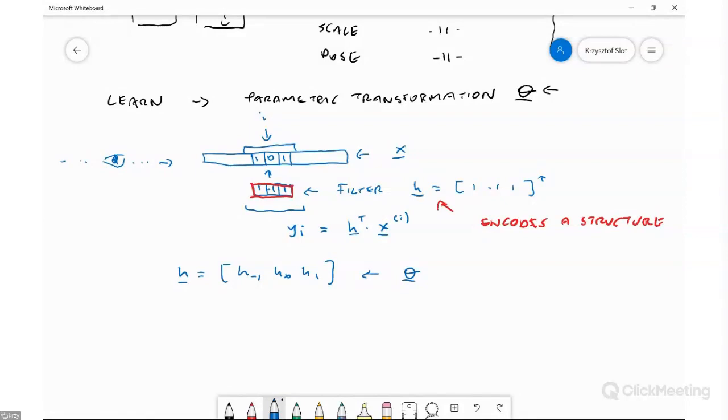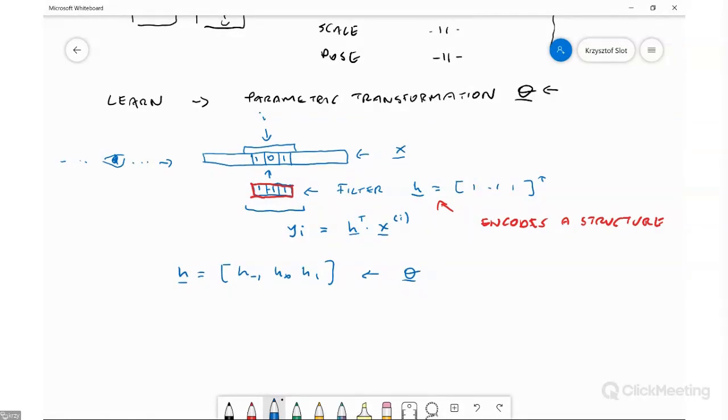I will be showing pictures or images, and I will be tweaking the parameters of the filter so that I get the best possible discrimination or recognition or classification. I will be learning this representation, this filter, and it will be sensitive to a particular structure.